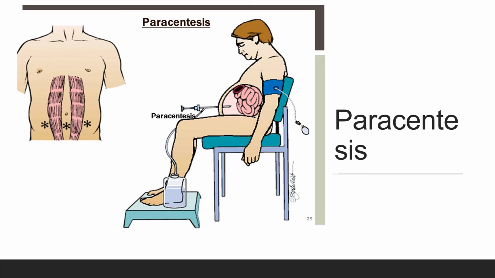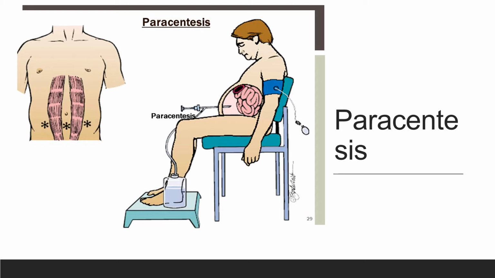Paracentesis is a treatment whereby they remove the fluid from the peritoneal cavity, the fluid that accumulates due to the ascites. So with paracentesis, the fluid is removed from the peritoneal cavity through a puncture or small surgical incision that goes through the abdominal wall under sterile conditions.